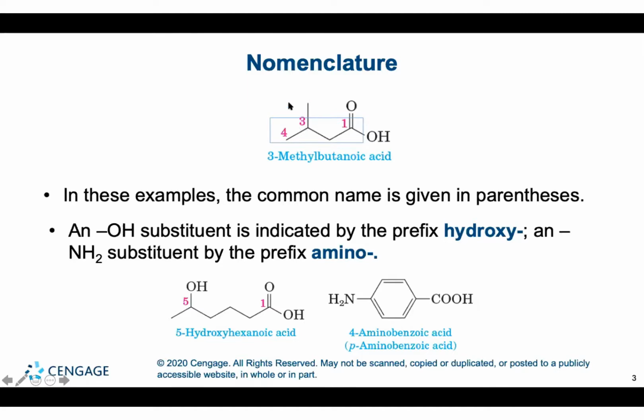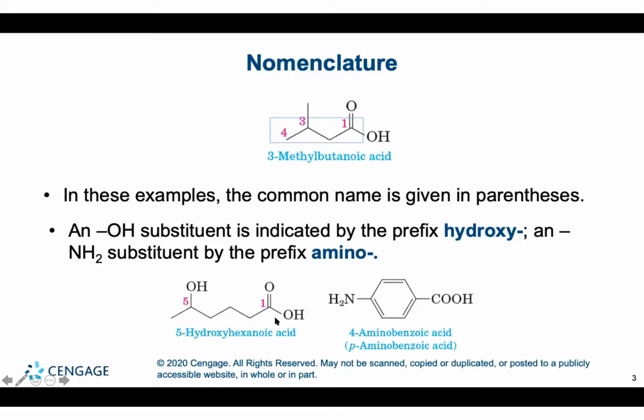Then if we have any substituent, we should write it down before the parent name, alphabetically. If there is more than 1, we should write them down alphabetically. So it's going to be 3-methyl butanoic acid, because I have 4 carbons in the longest chain. And we always end with oic acid. So it's going to be 3-methyl butanoic acid.